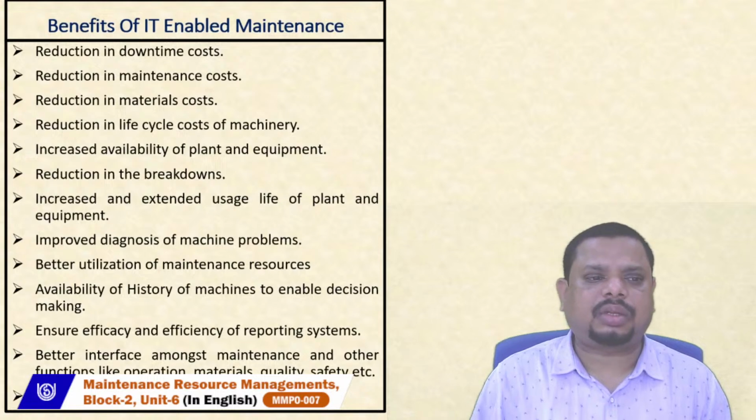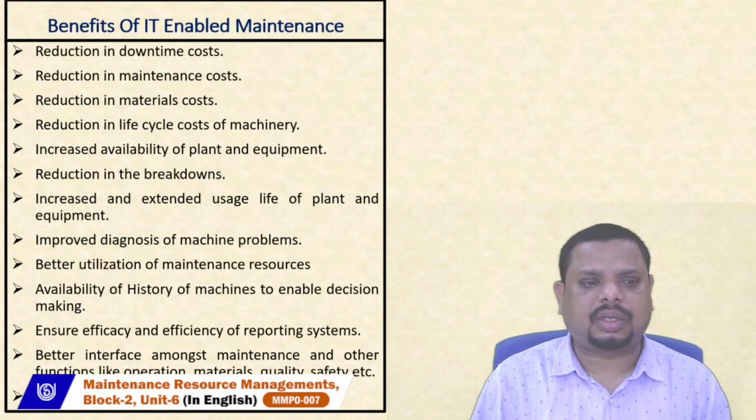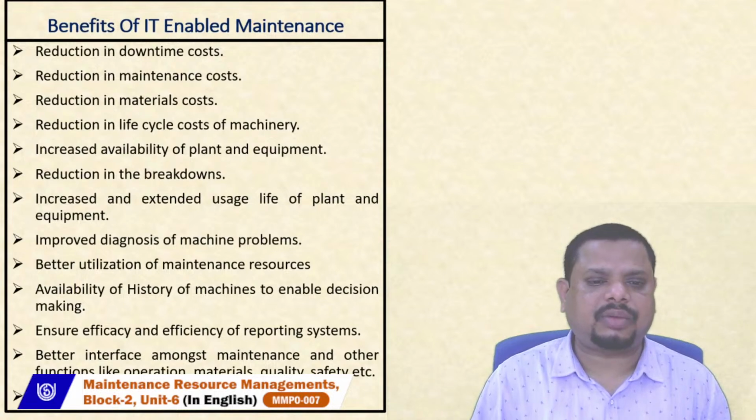The fourth is reduction in life cycle cost of machineries. Then increased availability of plant and equipment. Next, reduction in breakdowns, increase and extension of the useful life of plant and equipment, improved diagnosis of machine problems, and better utilization of maintenance resources like man, machine and materials.